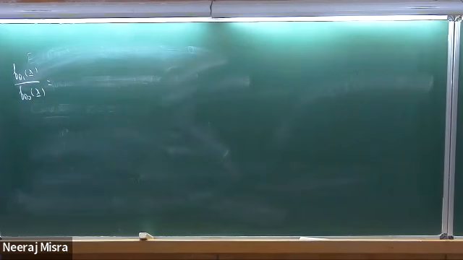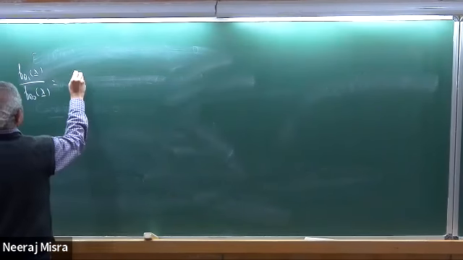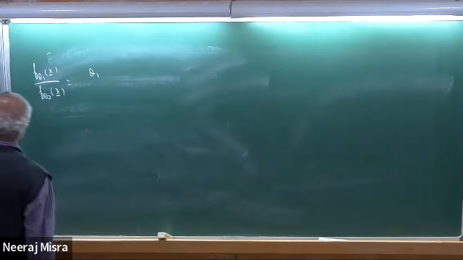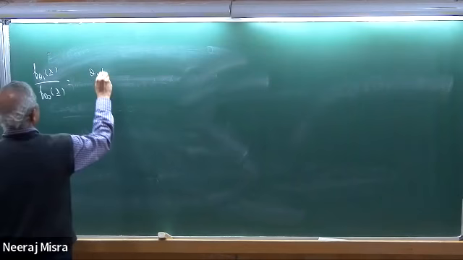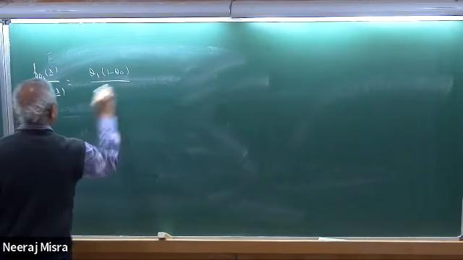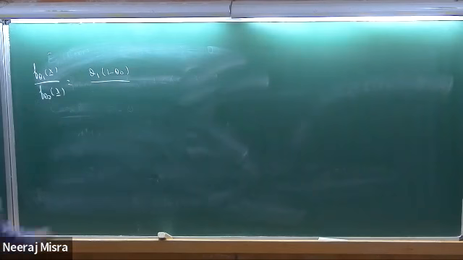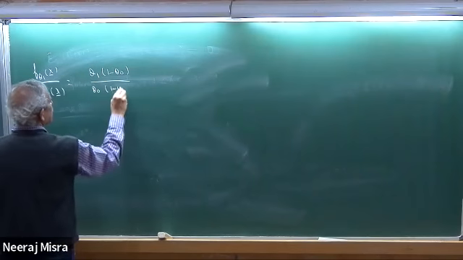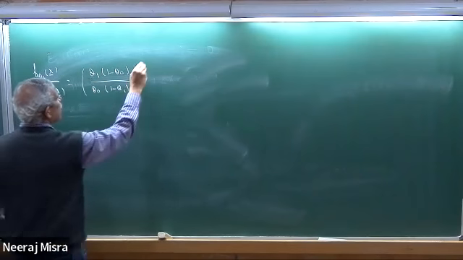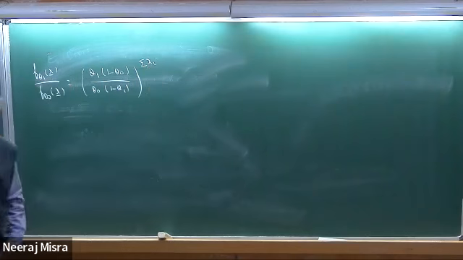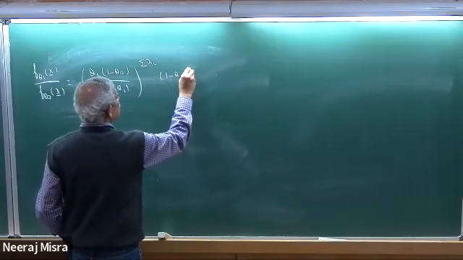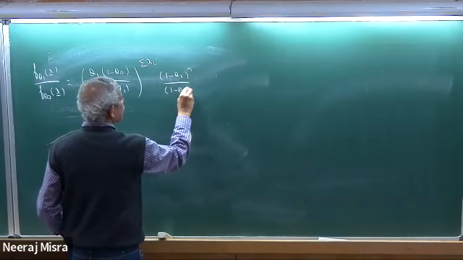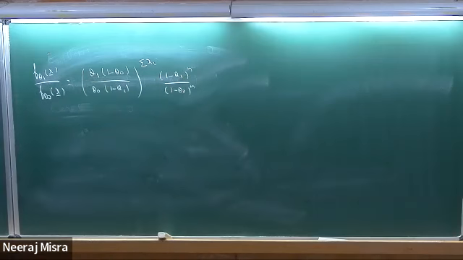So let's look at what is f theta 1 of x upon f theta 0 of x. That is theta 1 into 1 minus theta naught, divided by theta naught into 1 minus theta 1, to the power summation xi, and then 1 minus theta 1 to the power n upon 1 minus theta naught to the power n.